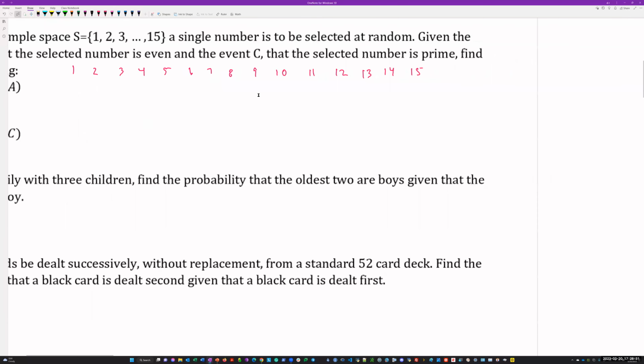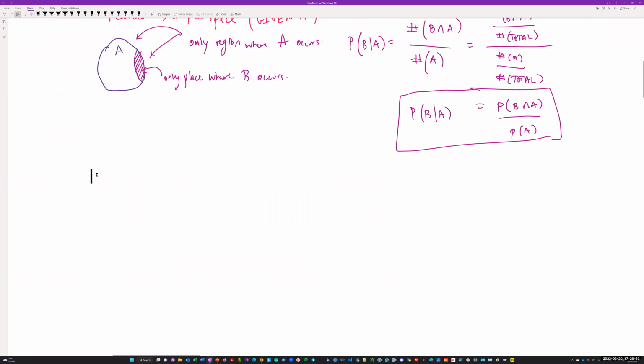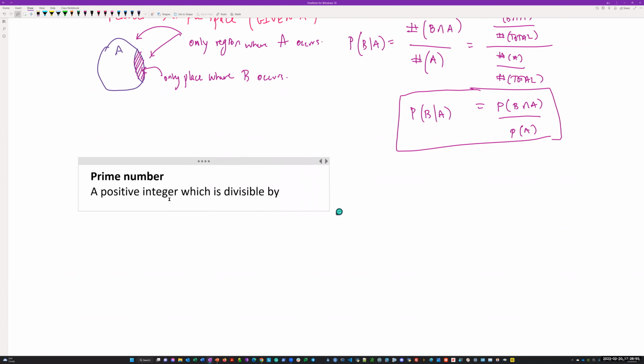A prime number means a number which is divisible, or an integer, I guess I should say, which is divisible by 1 and itself.